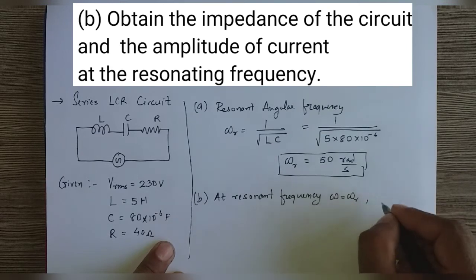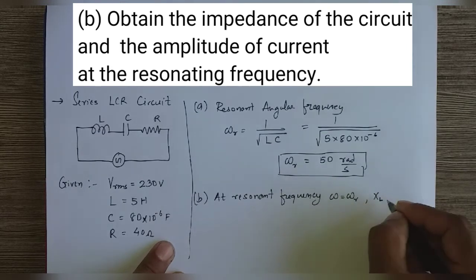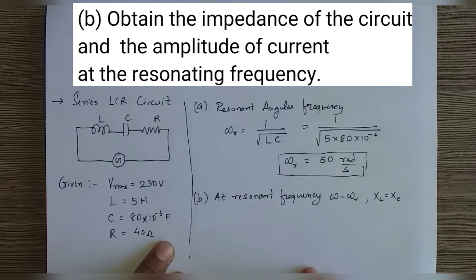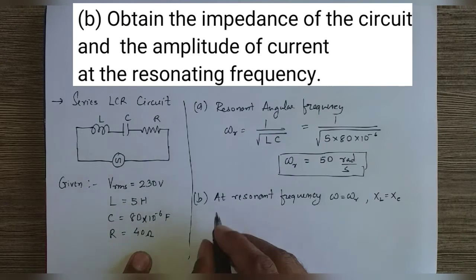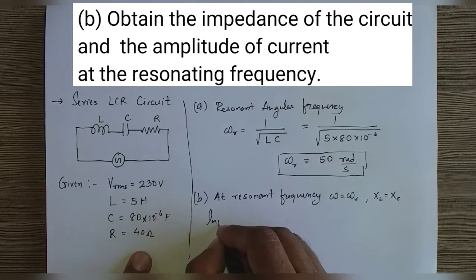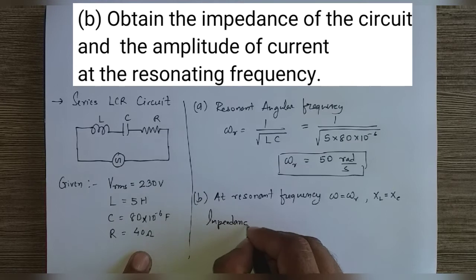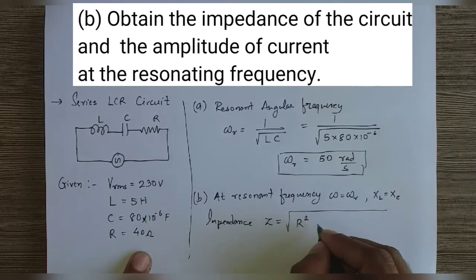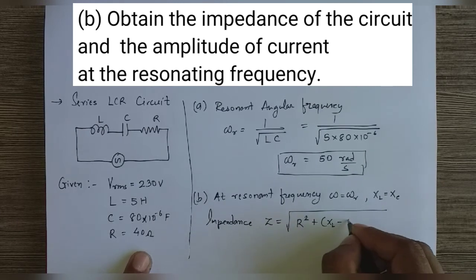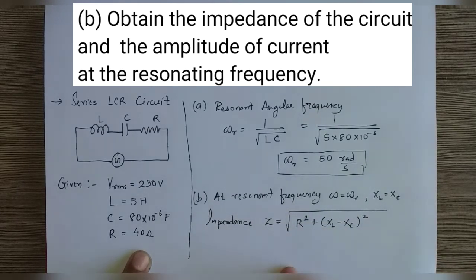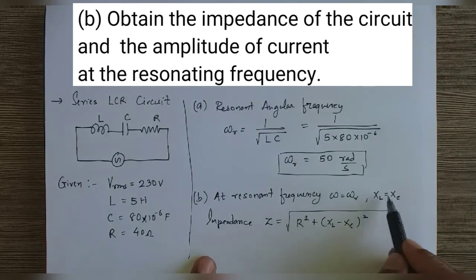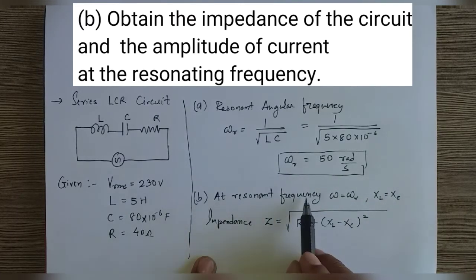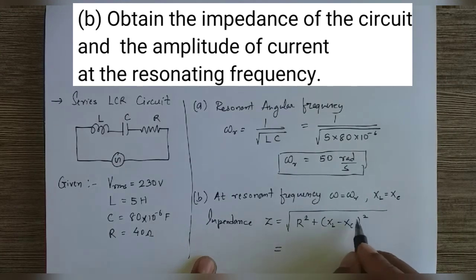So in this case XL is equal to XC. The impedance Z is equal to under root of R square plus XL minus XC whole square. As XL is equal to XC at resonance, this term will be 0.